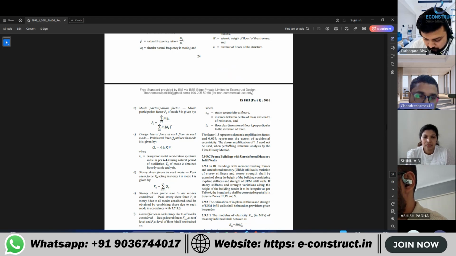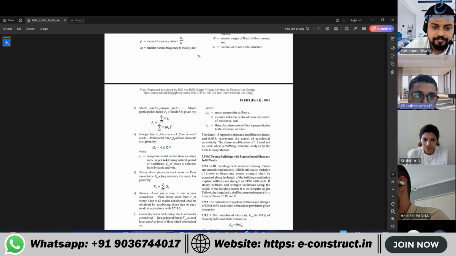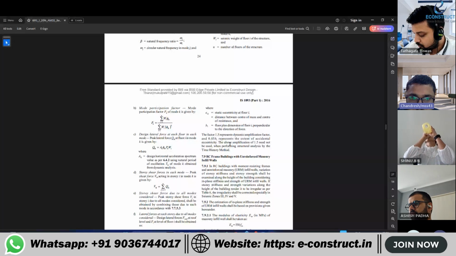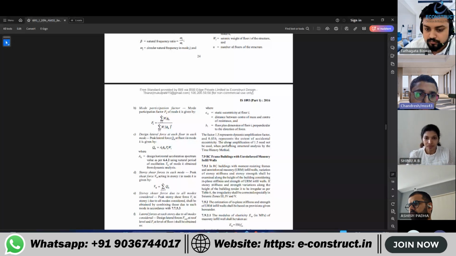Peak lateral force Qik at floor i in mode k is given by, where Ak is the design horizontal acceleration spectrum value as per 6.4.2 using the natural period of oscillation Tk of mode k obtained from dynamic analysis. D. Storey shear force in each mode. Peak shear force Vik acting in storey i in mode k is given by this formula.